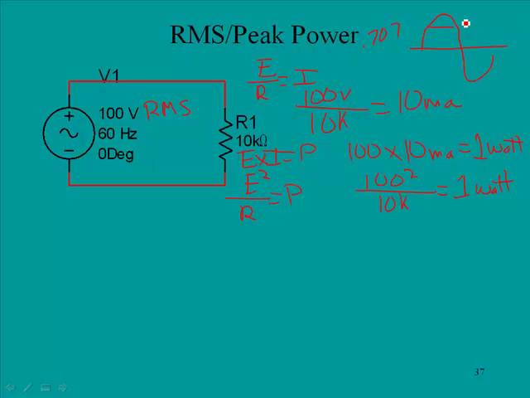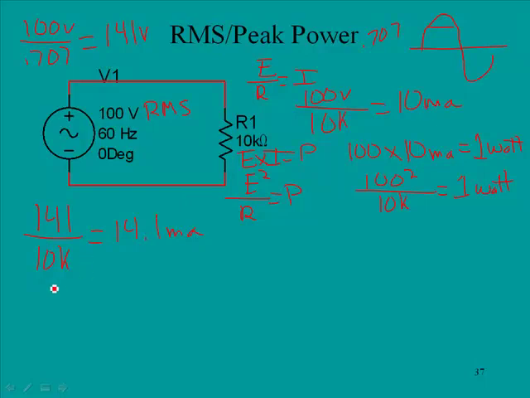Okay, so let's consider what the power would be if we were evaluating this in peak. First of all, we need to convert this to a peak value, so we would say 100 volts divided by 0.707, and that would yield 141 volts. So we're starting with a higher value, and so we're going to have a higher voltage or higher current drops. So again, 141 volts divided by 10 k ohms, and we're going to have 14.1 milliamps of current instead of the 10 milliamps we had over here.